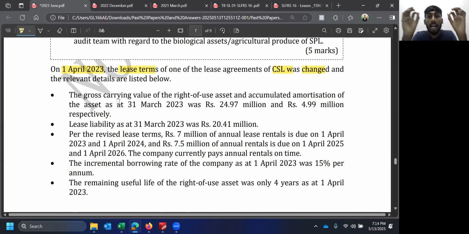Now you need to think, are we going to account for this as a separate lease or not? Tell me. This is a change in lease term. Are we going to account for this as a separate lease?